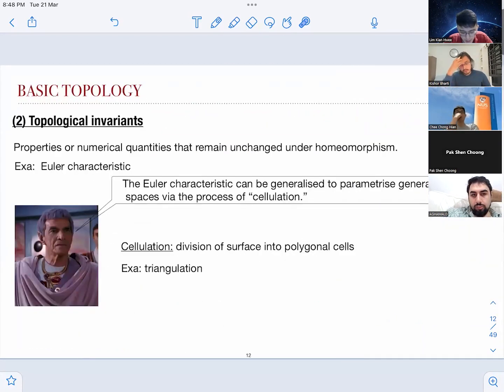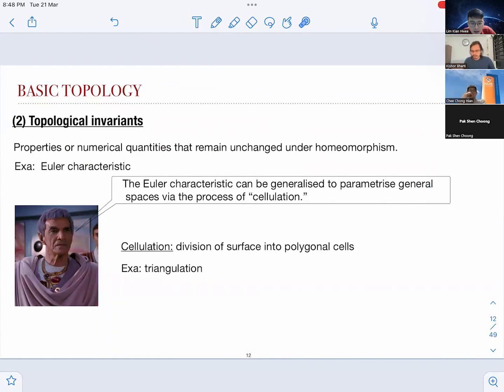Nice. So once we understand the concept of topological equivalence, the next idea we need to understand is this notion of topological invariant. Invariants are basically, as we see in physics also, quantities whose value does not change when you perform a transformation. They are properties or numerical quantities that remain unchanged under homeomorphism, because homeomorphism defines topological equivalence.